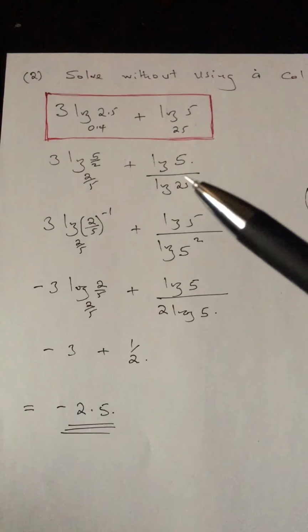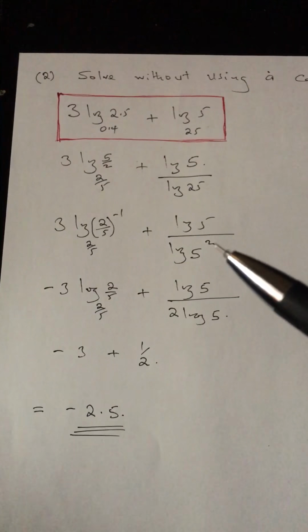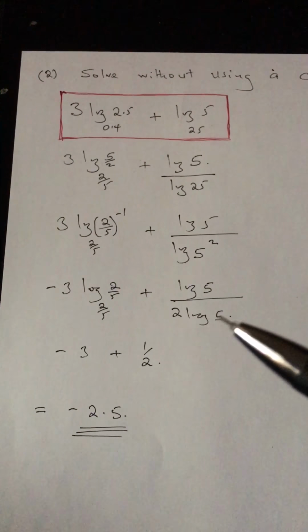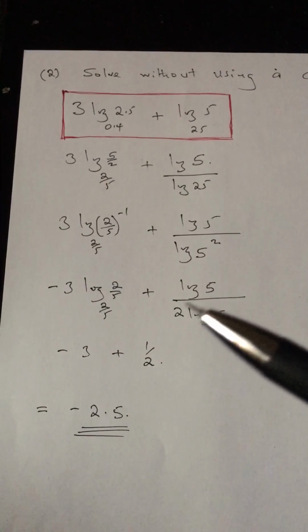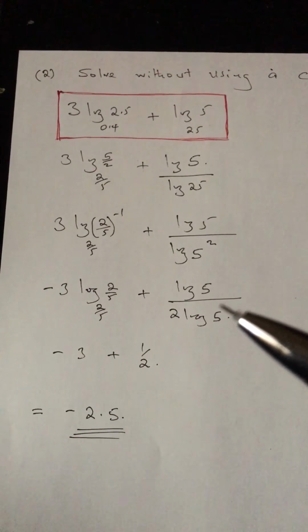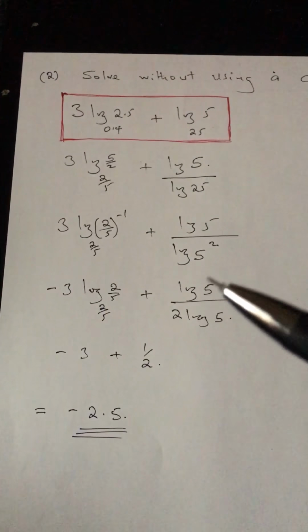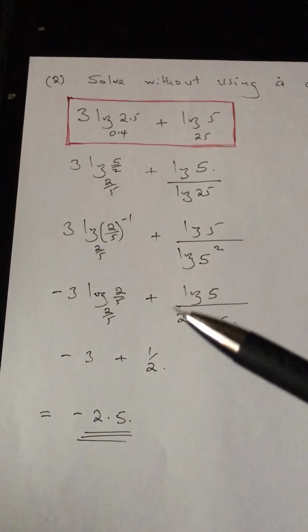But once you write it like this, this 25 can be written as 5 squared. Now log of 5 squared is the same as 2 log 5. So you'll have log 5 over 2 log 5. In this case, this value and this one will cancel to give you 1 over 2, which is this half.